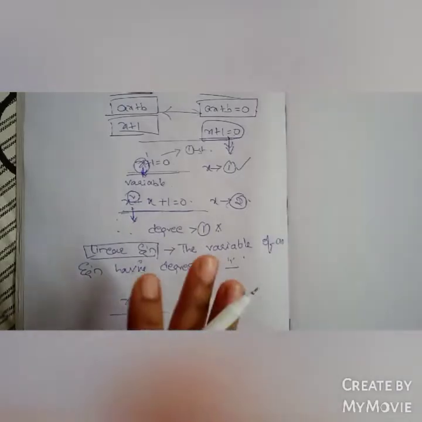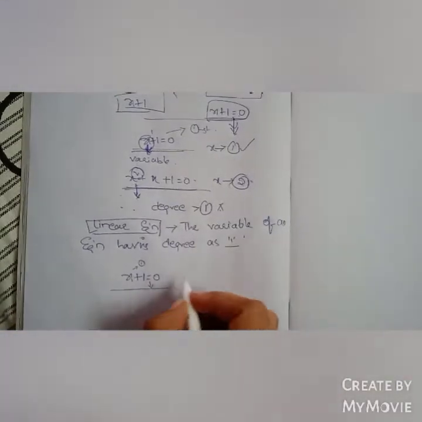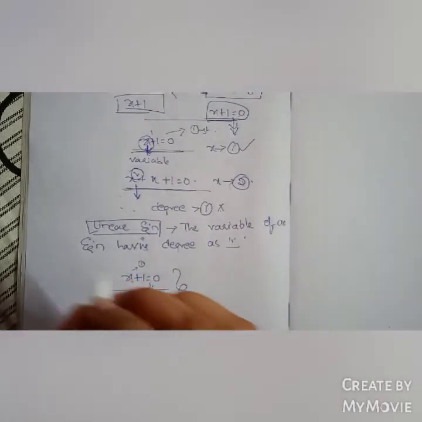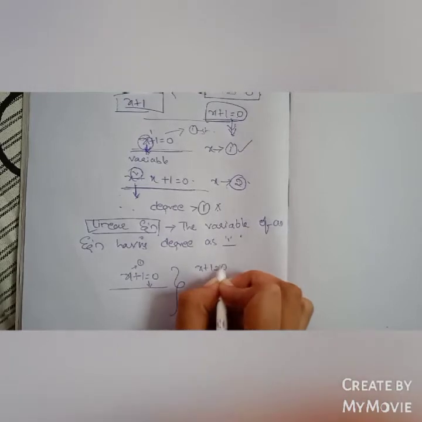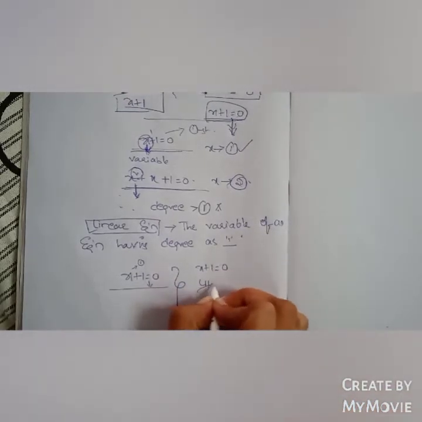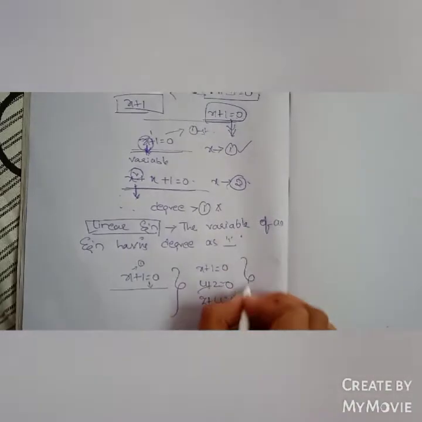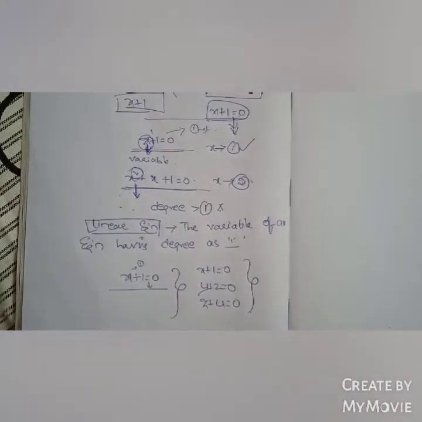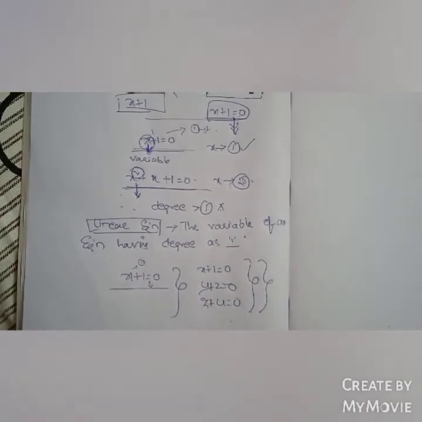It has only one variable. For example, x plus 1 is equal to 0, y plus 2 is equal to 0, z plus 4 is equal to 0. These are all linear equations in one variable, because these equations have only one variable.